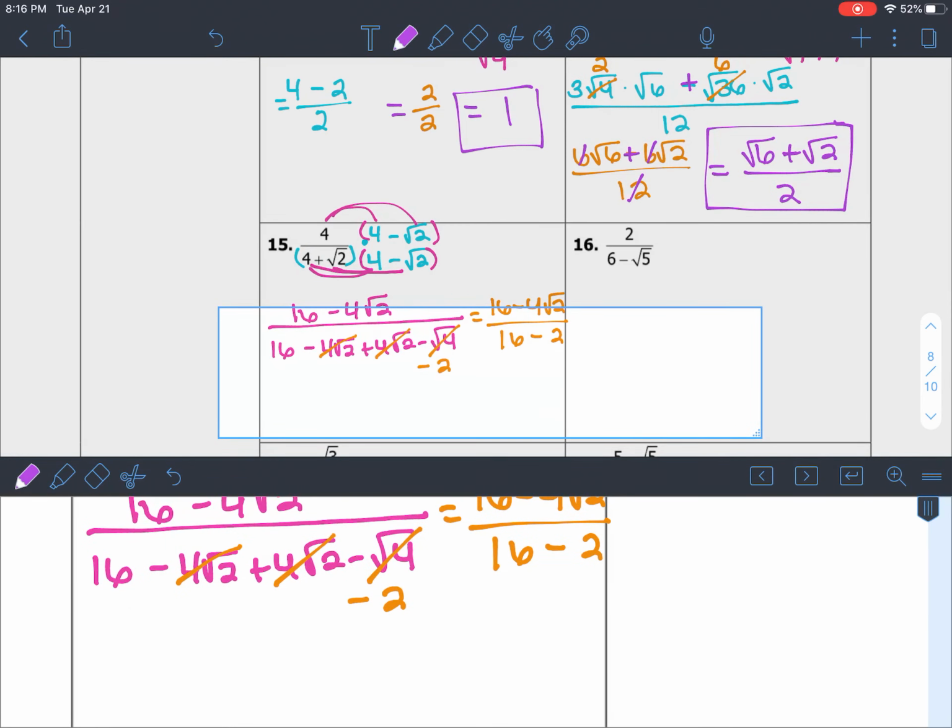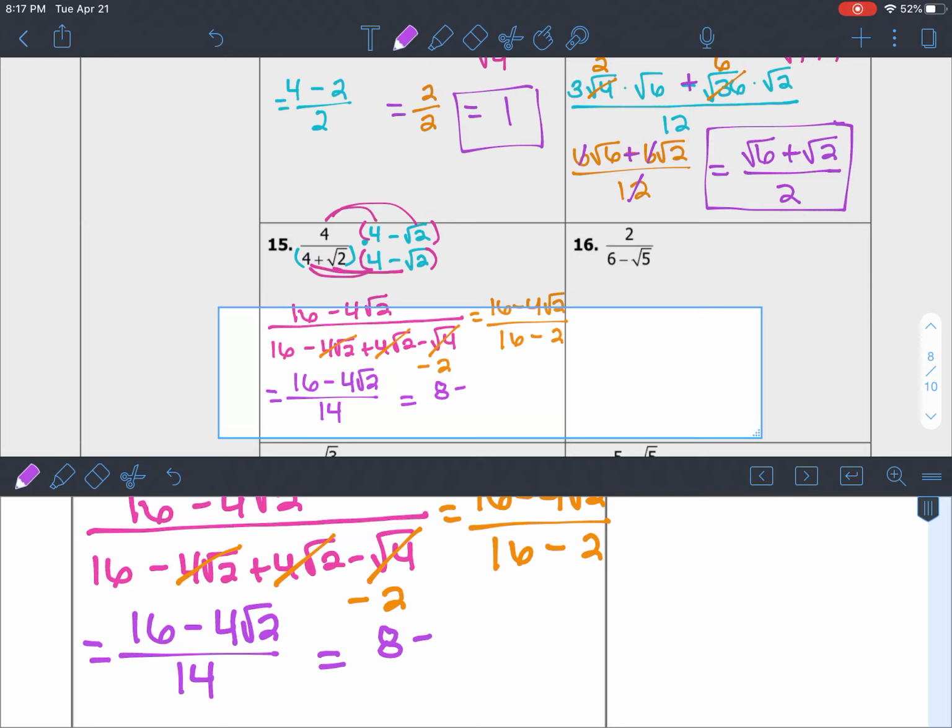So my final answer here, I'm just going to simplify one more time. I'm going to get 16 minus 4 the square root of 2 all over 14. And then I ask myself, is that as small as it can go? Do they have anything else in common? Which they do. They all have 2 in common. So I could factor a 2 out of everything.